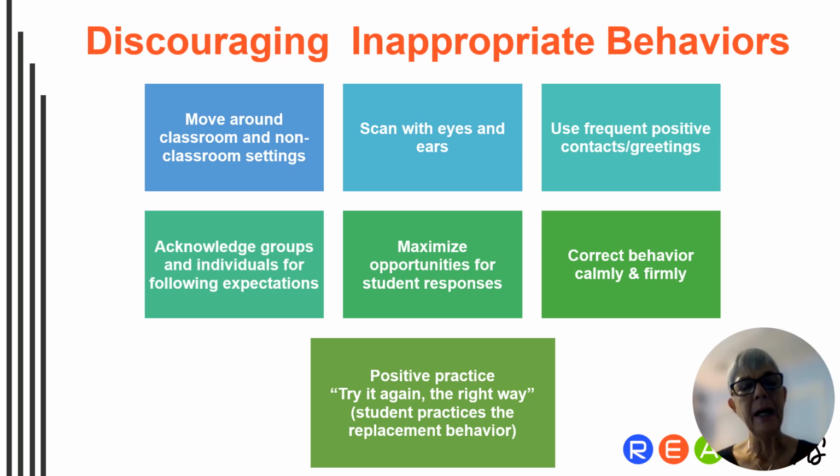We want to use those positive, frequent contacts with kids. That's part of developing that rapport or that positive relationship with the kid. And I'm sure that you all have seen where a kid is having a hard time. There might be one or two staff members standing around giving the kid a directive.